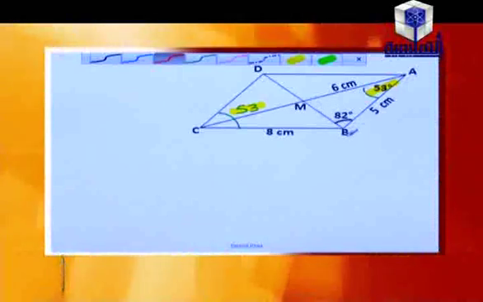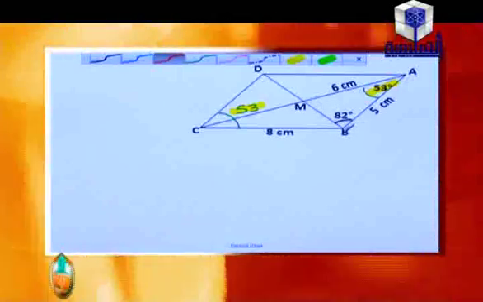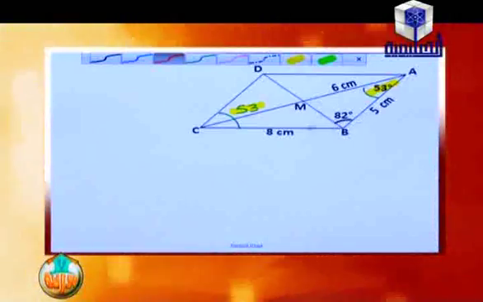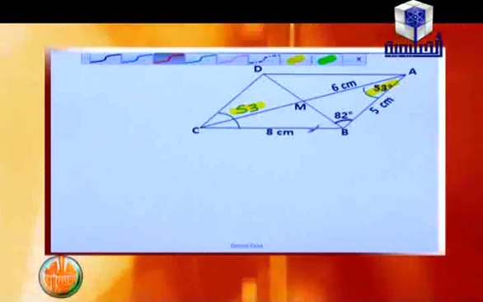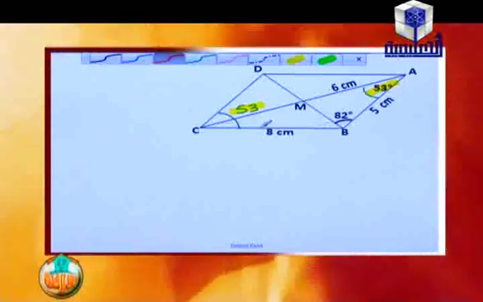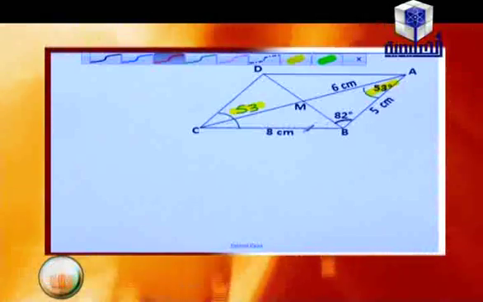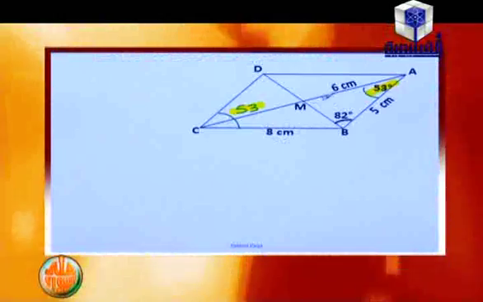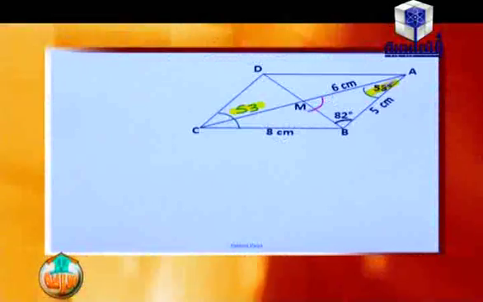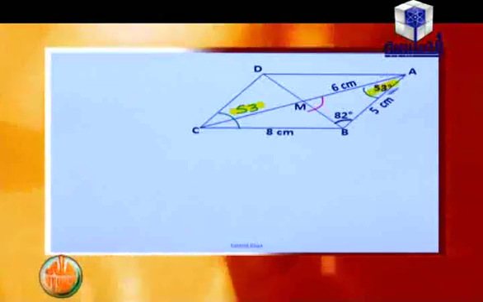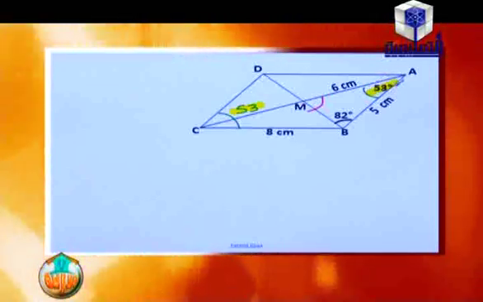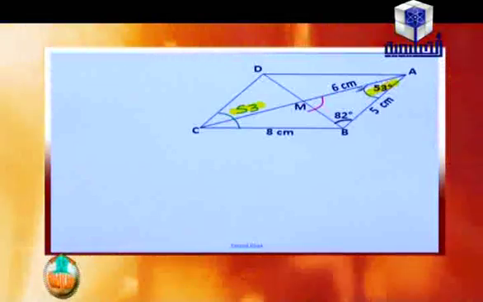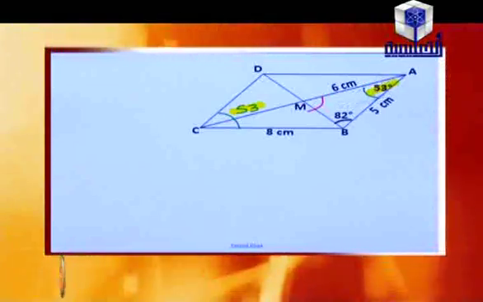Then step number 2, we can find the measure of the angle AMB. We studied before, or we can say another method, the sum of two consecutive angles equals 180. I think there is a small mistake in this drawing.